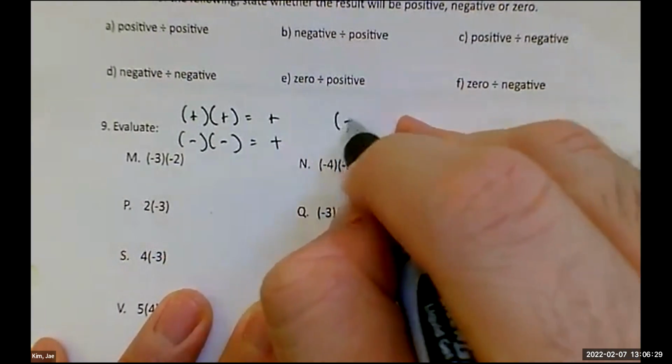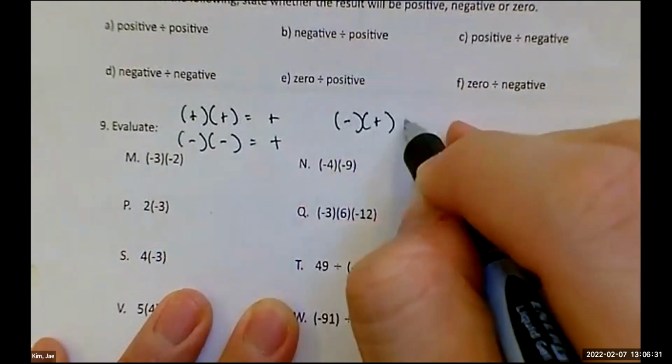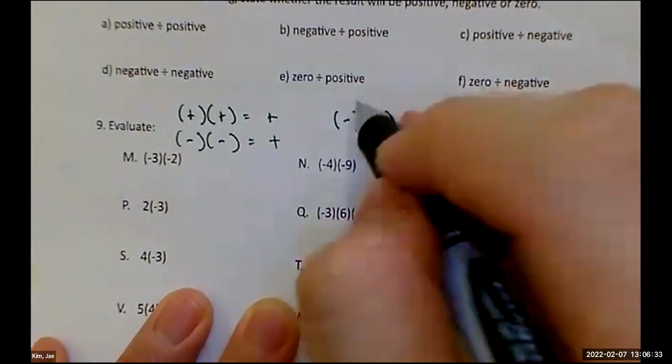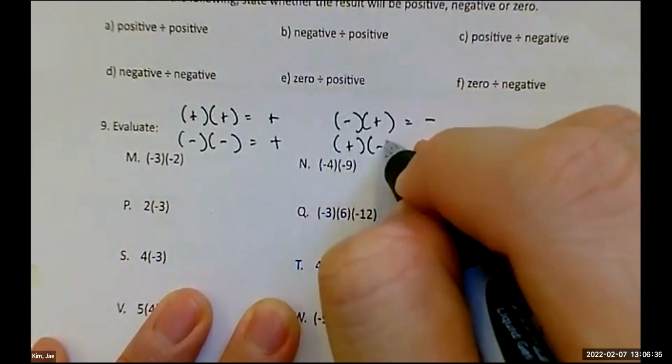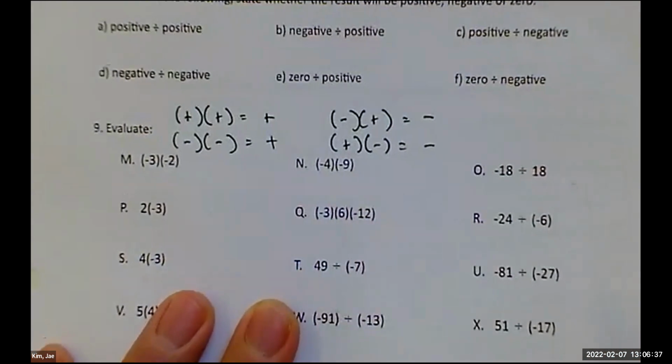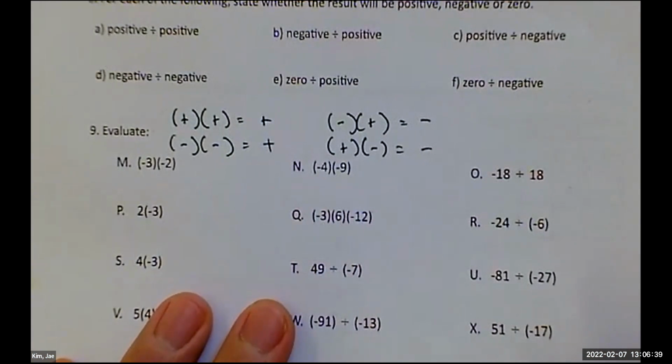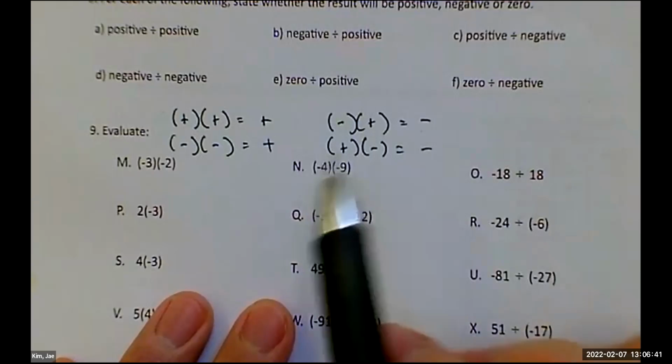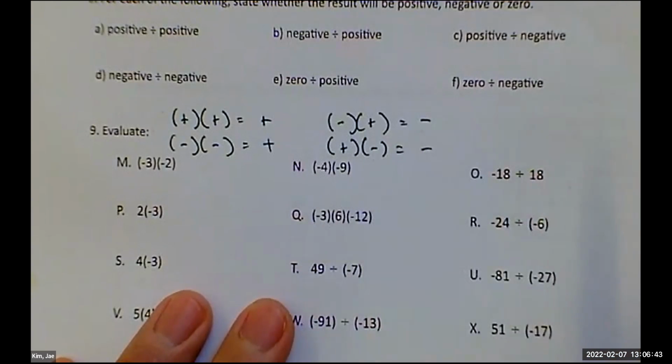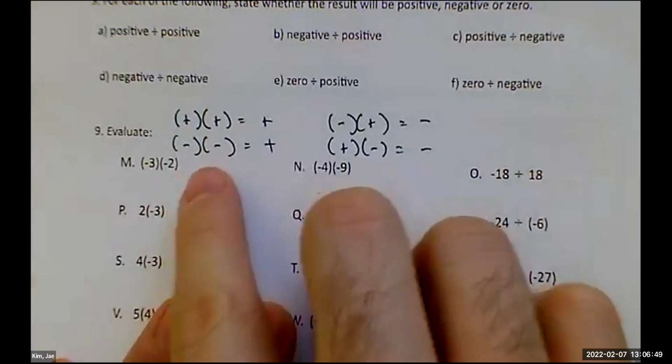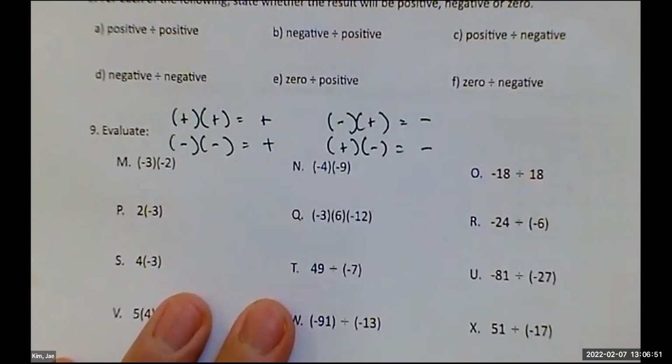But if you have different signs multiplying, it is a negative. But this as a rule, in my opinion, could become even more confusing. What if you have a situation where you're multiplying more than one number?